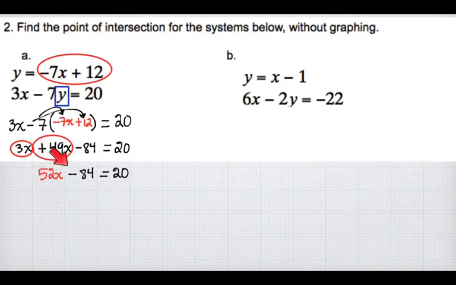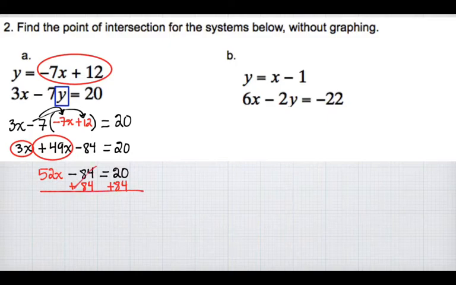Now I got to move on to solving. In solving, I want to have the variables on one side and the constants on the other. So that means I want this guy by itself, which means I got to get rid of that negative 84. And I'll do that by adding 84 on both sides. And I see that these cancel each other out.